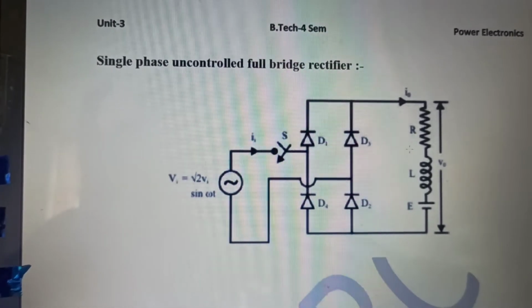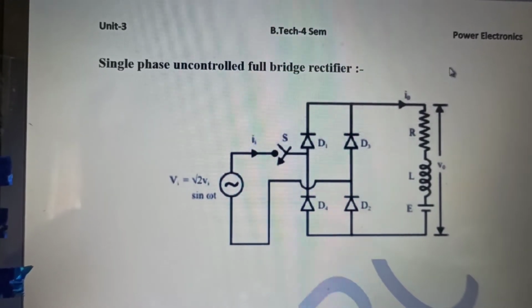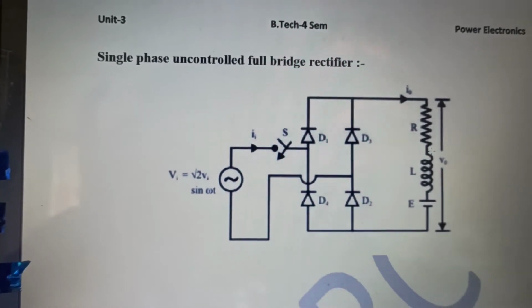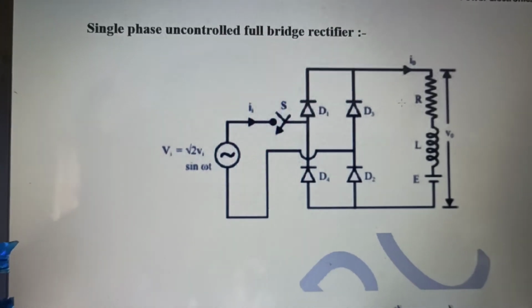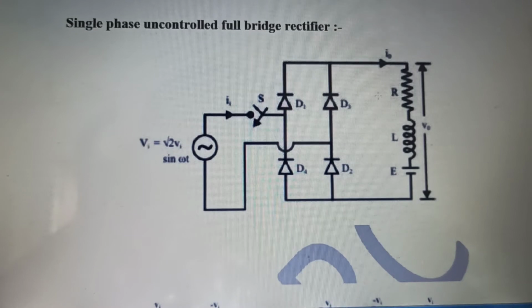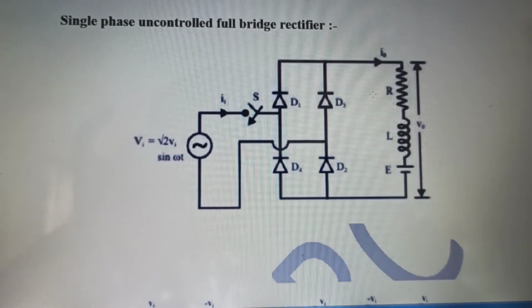This is what the RL load will become, because of the connection of a filter capacitor, it will be something like this. Now I think it is quite clear. That filter capacitor obviously will smoothen the voltage. That is the role of a filter capacitor in a practical rectifier.